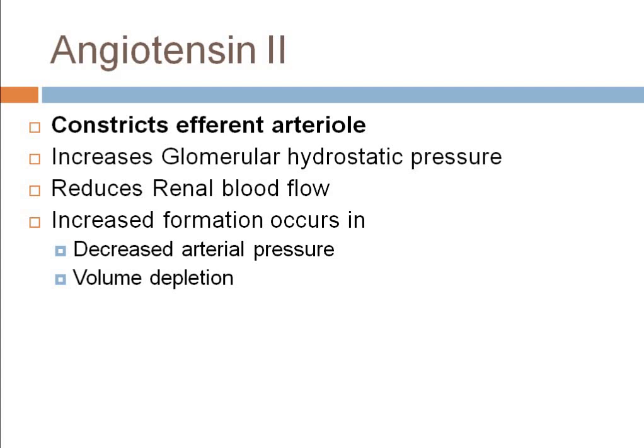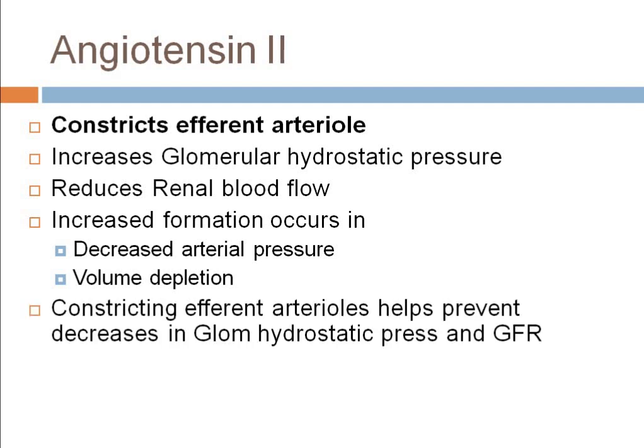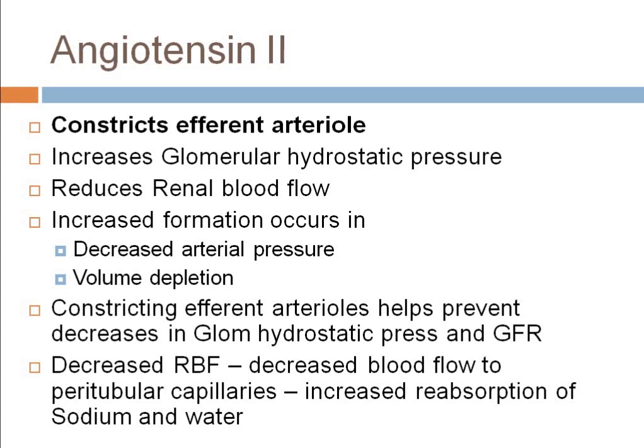The increased formation of angiotensin occurs when there is decreased arterial pressure or when there is volume depletion. So whenever there is a stimulus for its increased formation, it constricts efferent arterioles and thus helps prevent the decrease in glomerular hydrostatic pressure and GFR. And due to decreased renal blood flow, there will be decreased blood flow to the peritubular capillaries also.